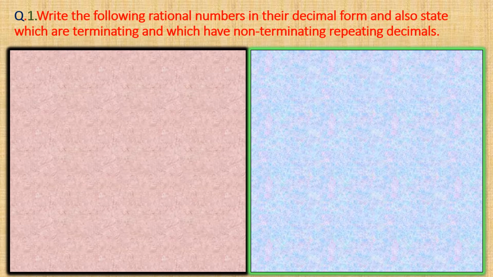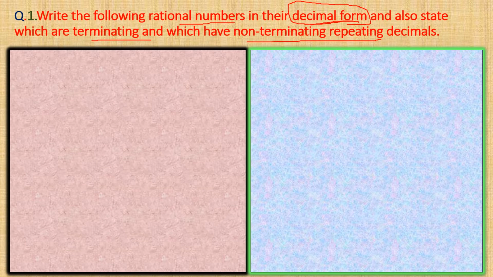So here he will give a rational number and ask us to change it into decimal form. By seeing the decimal form, we should say whether it is terminating or non-terminating repeating. When he asks to do it in the decimal form, we should divide and see.